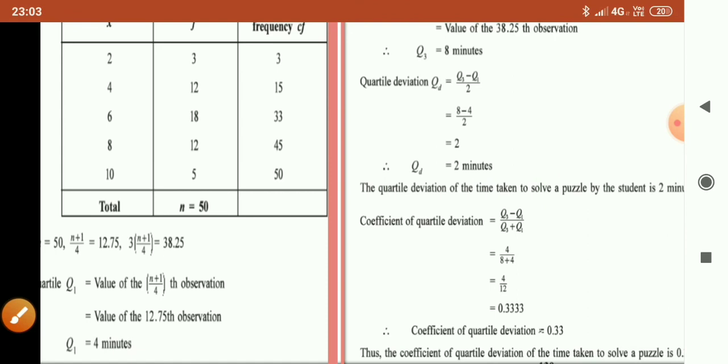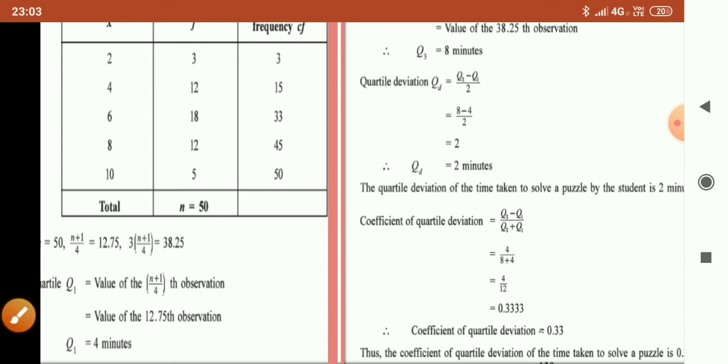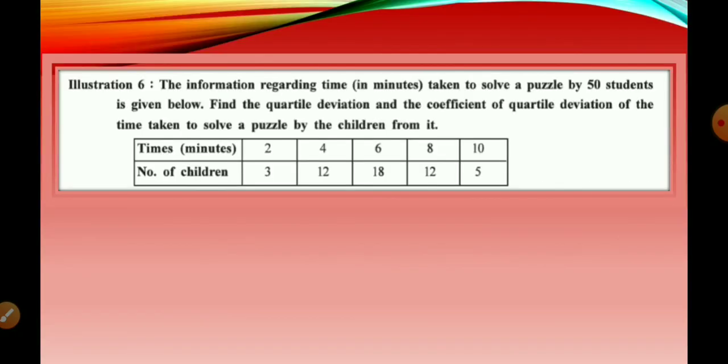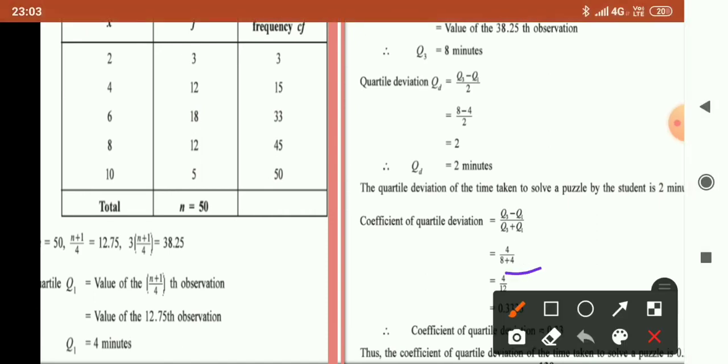Now what is the coefficient of quartile deviation? Q3 minus Q1 upon Q3 plus Q1. Q3 minus Q1 we have already found, that is 8 minus 4, which is 4, upon Q3 plus Q1, 8 plus 4, that is 12.